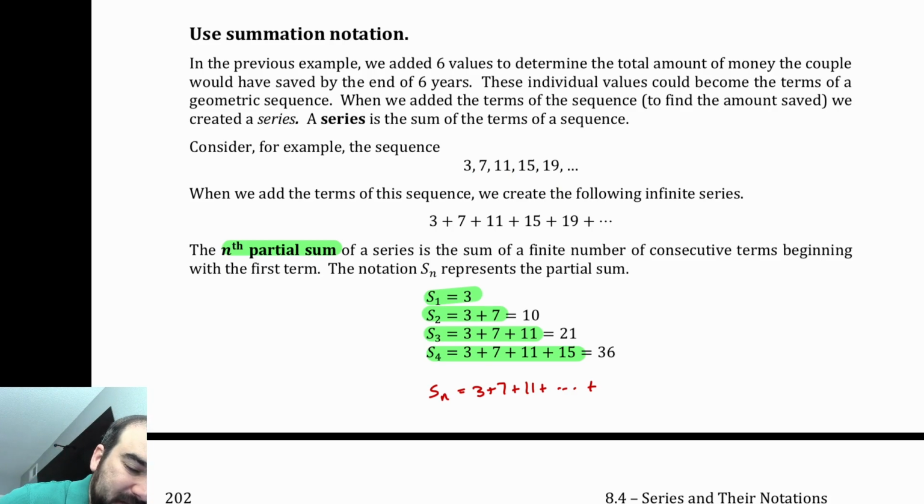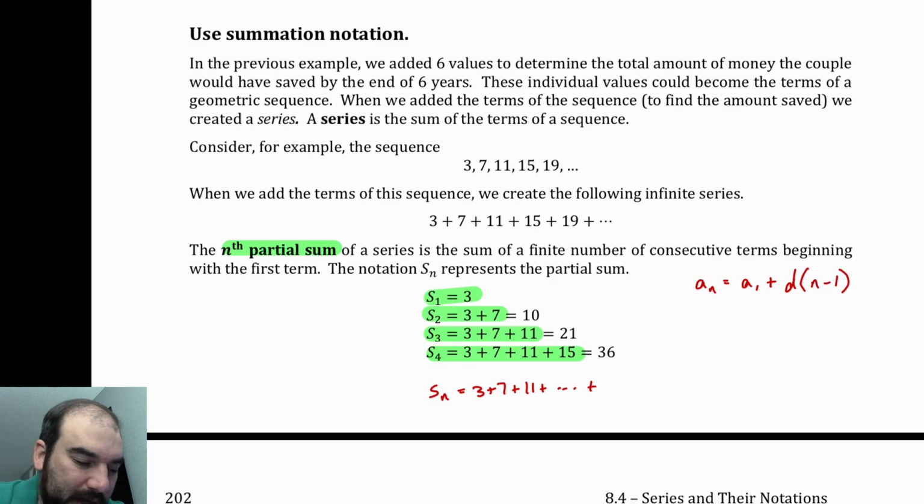And for the arithmetic sequence, our formula for the nth term, a sub n, would be a1, which is the first term, plus d times n minus 1, right? We learned that that was the explicit formula for an arithmetic sequence. So if we fill this out, the first term in the sequence is 3, the common difference is 4, and this n minus 1 signifies the location that we're at in the sequence.